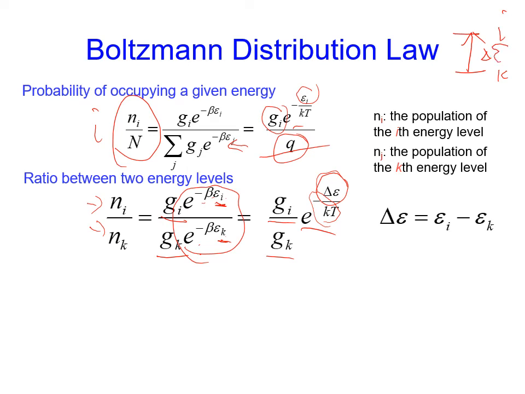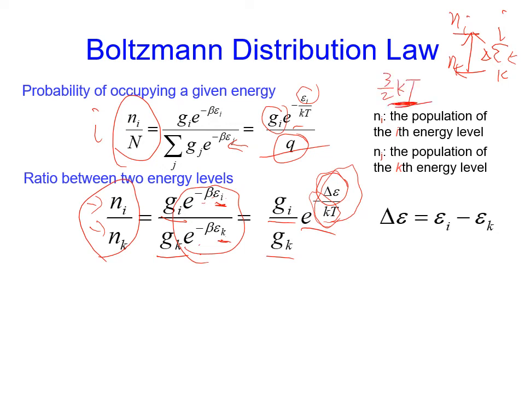So this equation suggests that the ratio of the number of molecules in i and in k is determined by the energy difference between them over kT. Now kT is called thermal energy. In the kinetic model, we showed that each molecule has a kinetic energy on average of 3 over 2 kT.